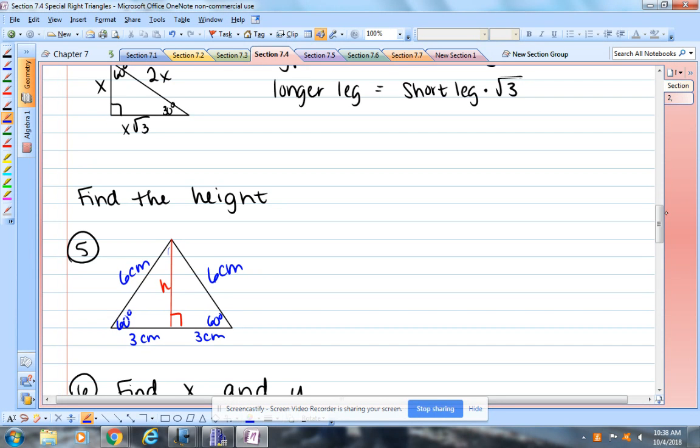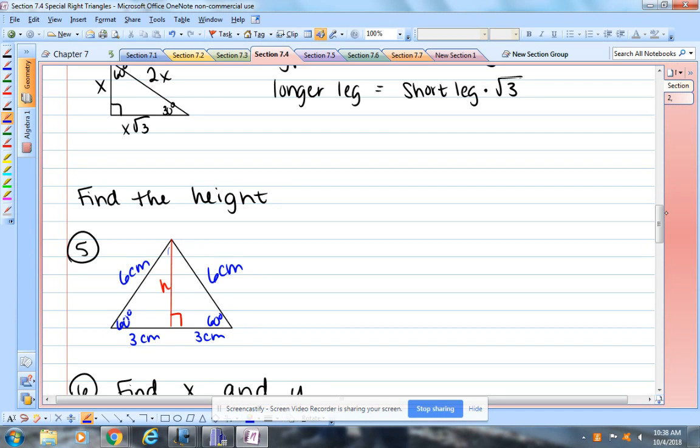So it's a 30, 60, 90 right triangle. The height, is that the short leg, the long leg, or the hypotenuse?